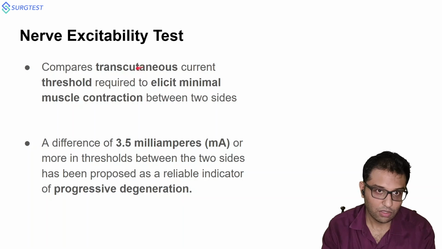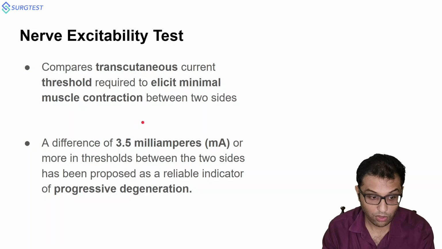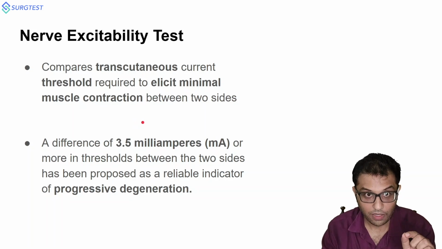Just quickly telling about the nerve excitability test, it compares the transcutaneous current threshold required to elicit minimal muscle contraction. That is, at what minimum threshold of the current the response is coming. Obviously, when there's a nerve palsy, or a problem with the nerve, the threshold on the injured side will be more, that is, more current is required.